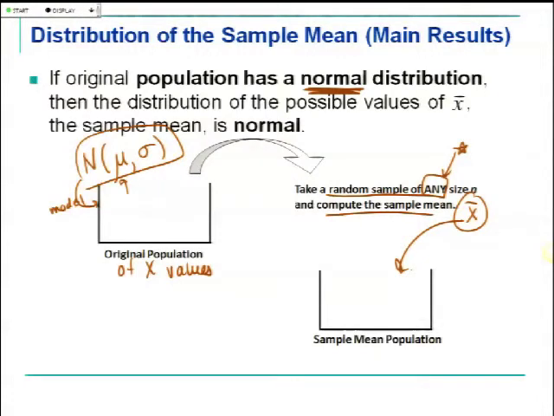This new basket is the population of all possible sample means, all possible x bar values. If you were to do this process, and here's the picture of that process, go to your population, take your sample randomly, calculate x bar, throw it on a ball and put it in that basket, and keep doing that over and over, all those x bars.